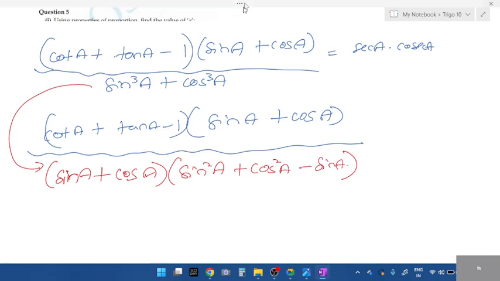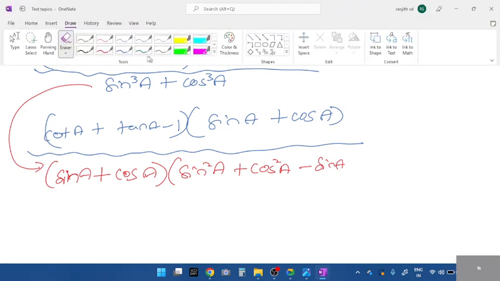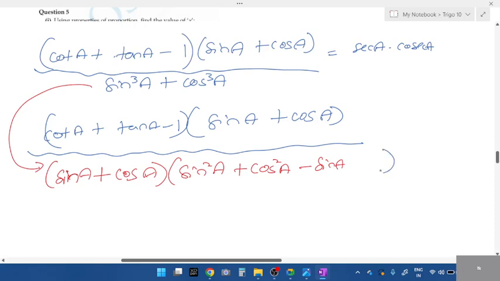Correct, Alicia. Is it minus A minus B or minus A into B? What's the formula? A square plus B square minus AB, right? So what should I write here? Plus cos theta or into cos theta? Into cos A, right? Into cos.